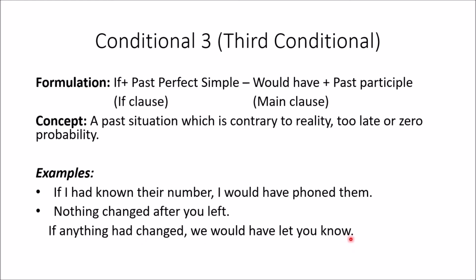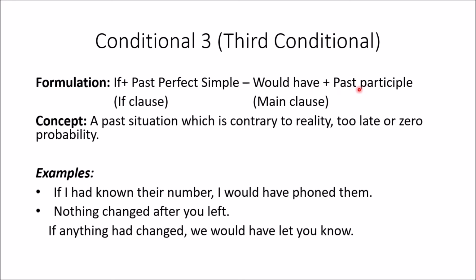I would like to discuss the main clause. If I make a comparison with the form here, so we explained earlier, we have the if plus past simple, actually past perfect simple in the if clause, followed with would have plus past participle.